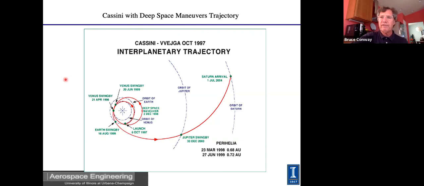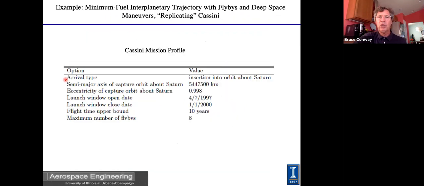So we were hoping to see if our automaton could reproduce this with, as I said, almost no a priori information. So here is what we told it.